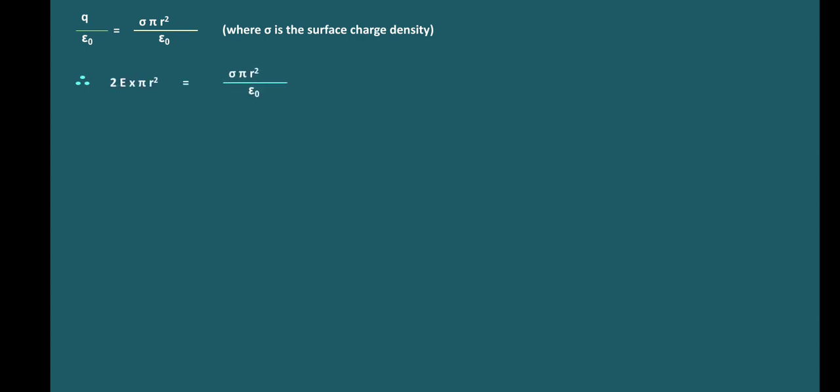In a previous slide, we equated that integration over a closed surface of E vector dot ds vector is equal to Q by epsilon naught. Now we know the value of Q by epsilon naught, that is sigma pi r square by epsilon naught.